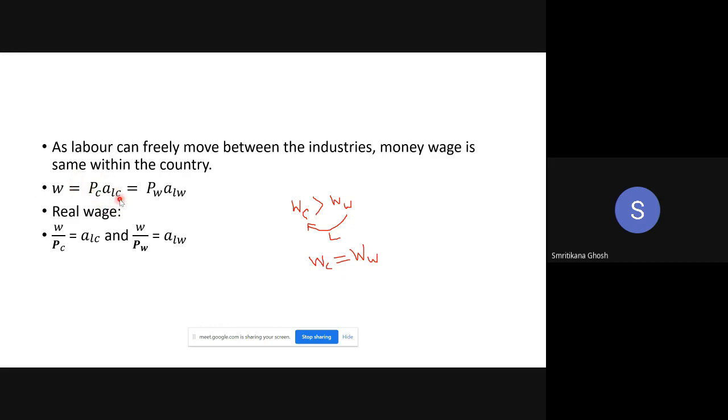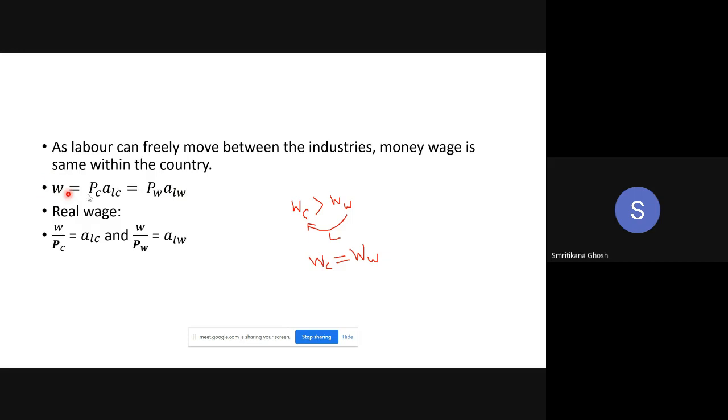So if we rearrange this, you will get W, that is money wage, is equal to PC into ALC, because W into 1 by ALC, that is W into MPL, is equal to PC. So if you take ALC from the left hand side to the right hand side, then you will get money wage is equal to PC into ALC, and similarly is equal to PW into ALW. Okay, remember this W is the money wage in the home country. Is it okay?